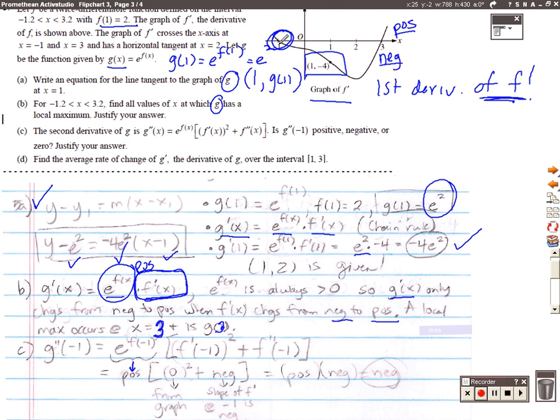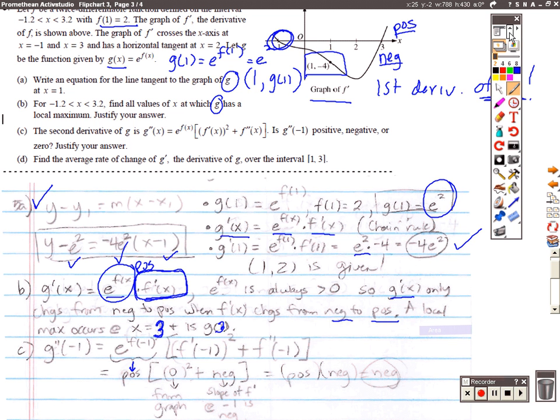The second derivative at -1, if you look at the graph, let me erase this. If you look at the graph at -1, we're concerned about the second derivative. You can see that the slope at -1, which is the second derivative, the slope is negative.